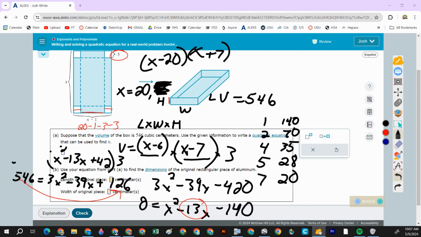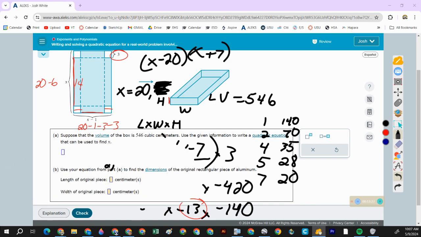So that's going to be 13. And then this length here is 20 minus 6, which is going to be 14. Okay, so the length is 14, the width is 13. Okay, I lied. That was the dimensions of the box. So the original piece's length is 20, and its width is 19.